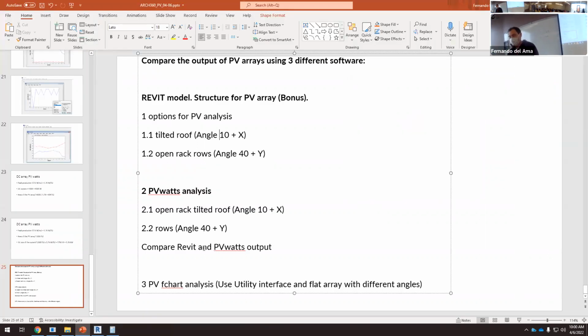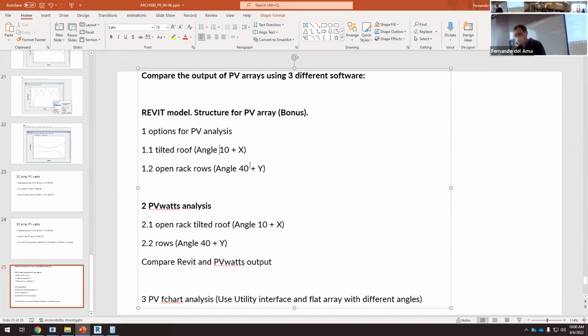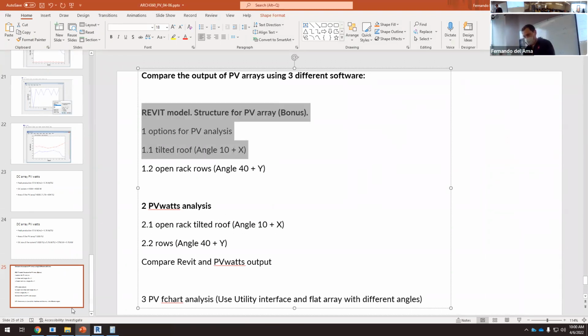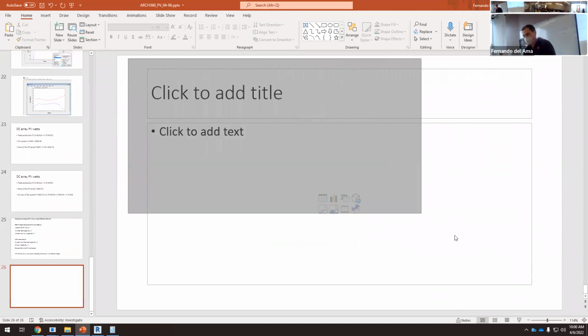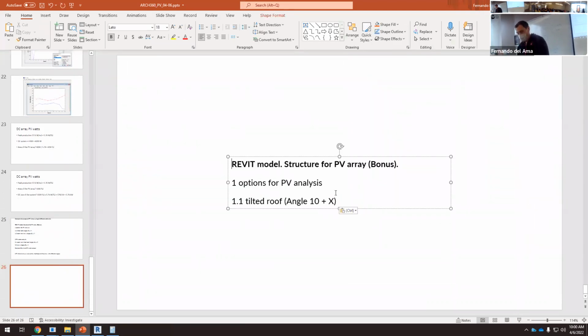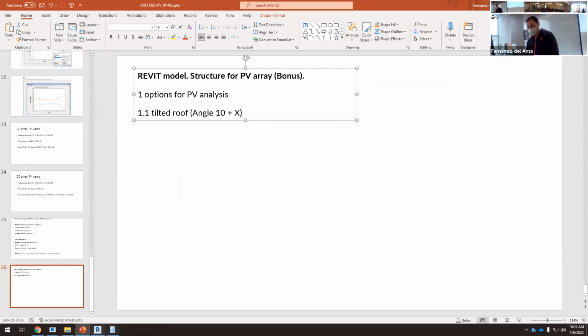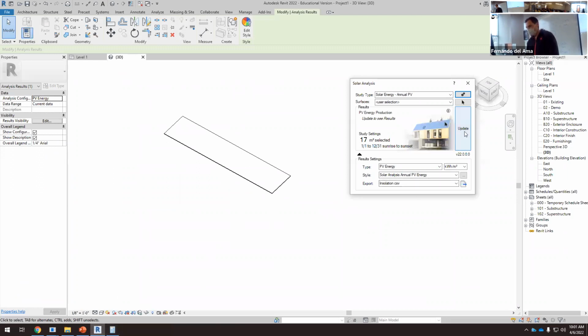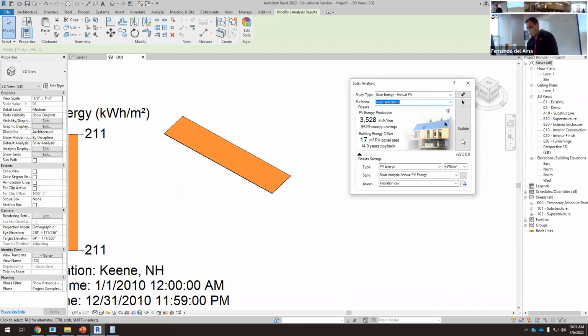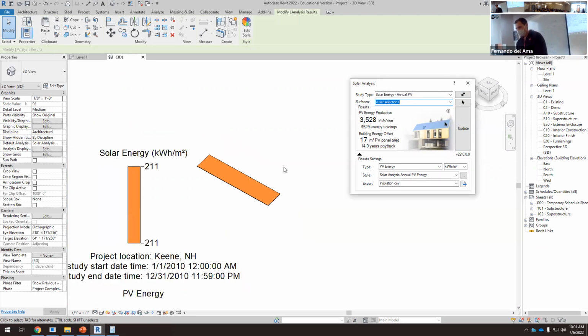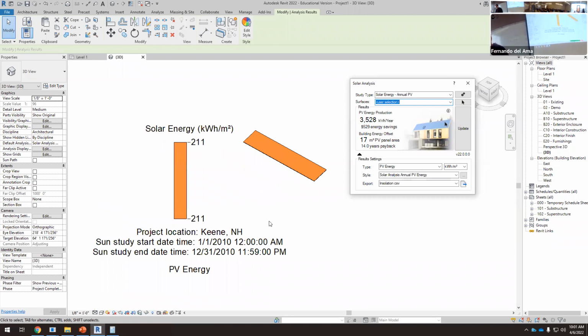So we have analyzed these two. Here we have two different analyses. We have the Revit. I'm doing this in Revit, so I will come here. If this is the analysis, this is the angle I have selected, and I would place here the Revit results. If I update, okay, I can take a screenshot of this.